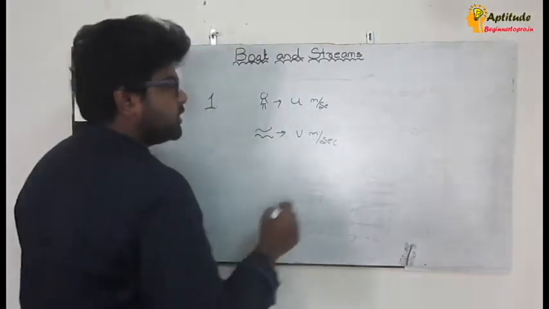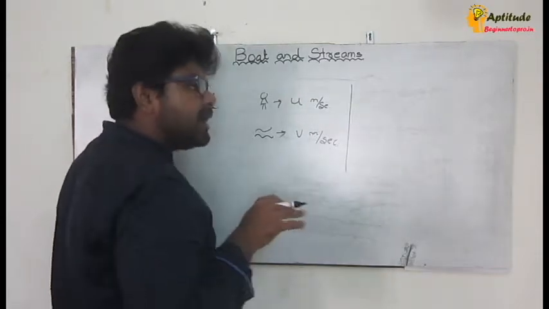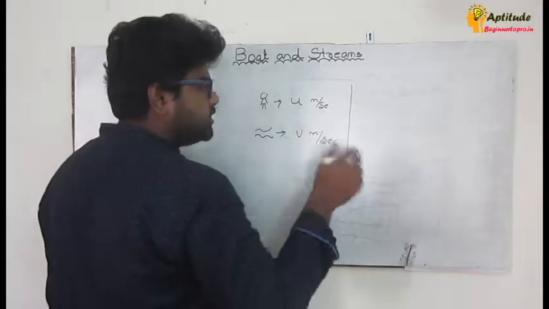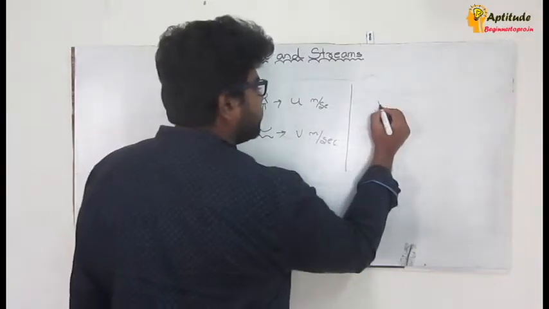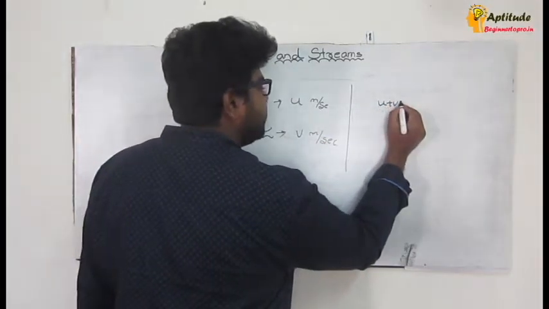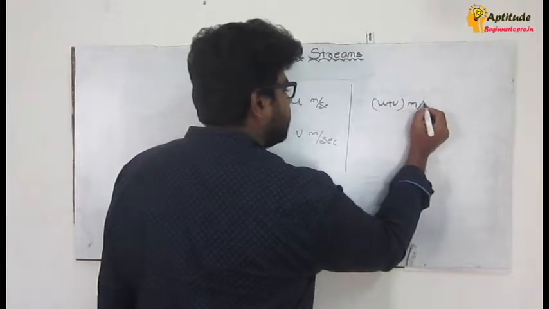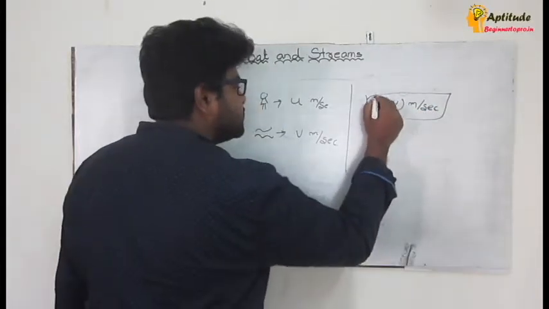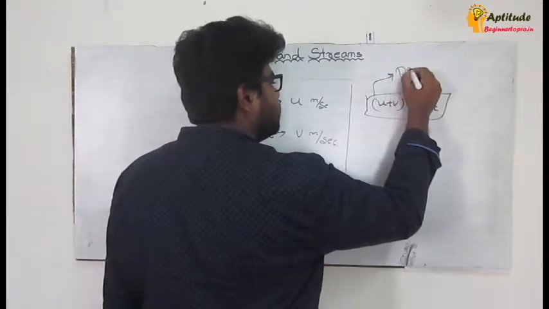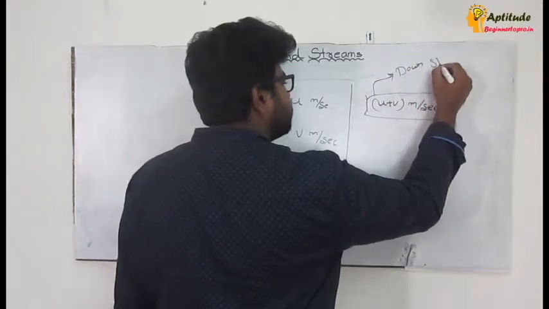If the person moves along the stream, it is called downstream, and the relative velocity in downstream will be u plus v meter per second. This is for downstream.